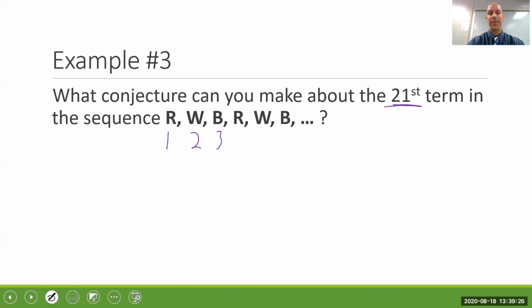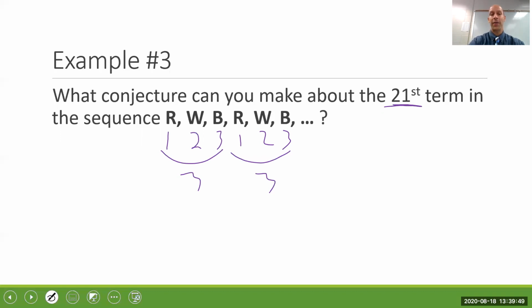Then the next term is, well, it's repeating this pattern, if you will, right? So it looks like the first one is red, the second one is white, and the third one is blue. And then this is repeating. There's 3 of these here. There's 3 of these here. So here's my question.